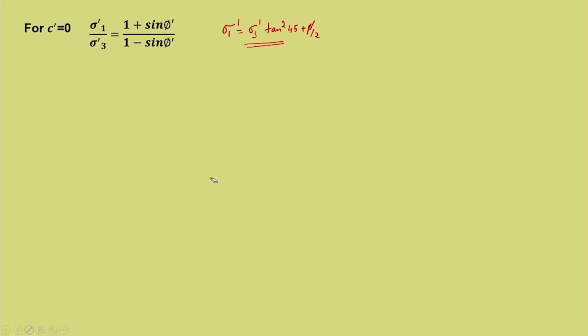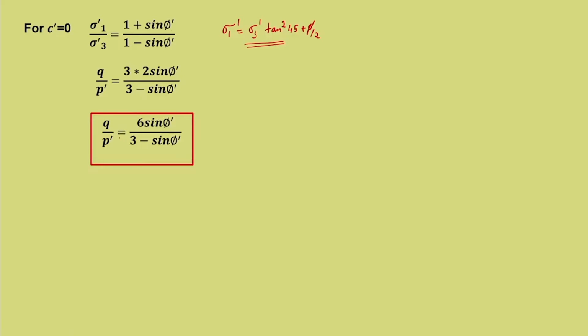So, we will consider the Mohr Coulomb failure envelope, that will give sigma 1 dash by sigma 3 dash, tan square 45 plus phi by 2, is equal to 1 plus sin phi dash by 1 minus sin phi dash. You substitute this in this particular expression of Q by P dash, that will give you 3 into 2 sin phi dash by 3 minus sin phi dash.